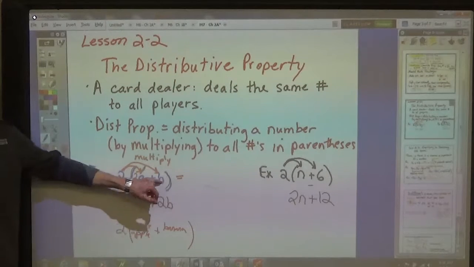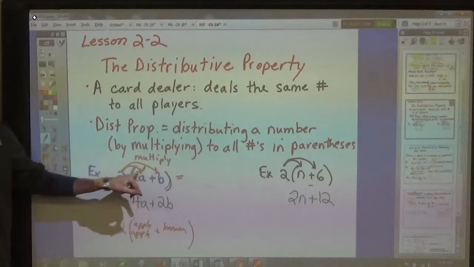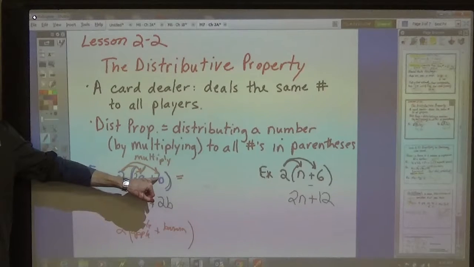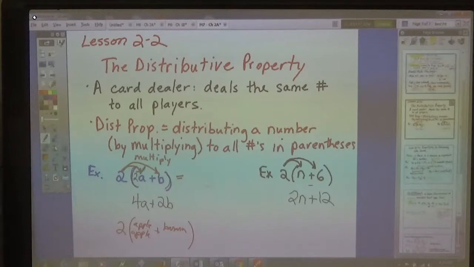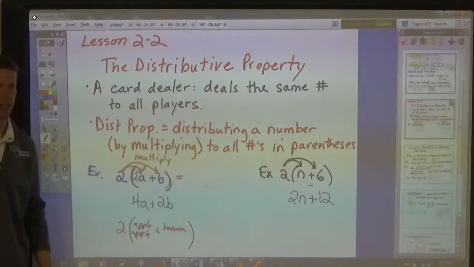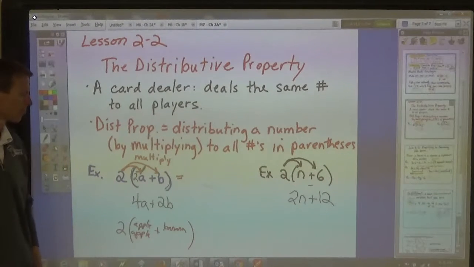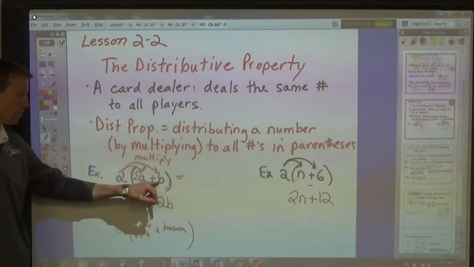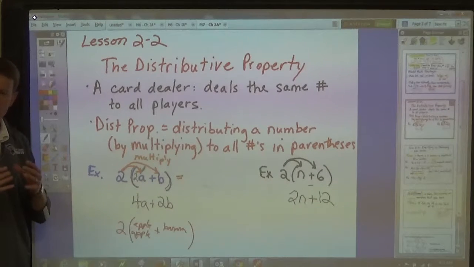These letters, like we said before, letters, variables in math and in algebra should stand for real objects. Okay? We use A's for apples, B for bananas, and so on. Now, one of the things that you can't do when you have A's and B's is you can't add them first.